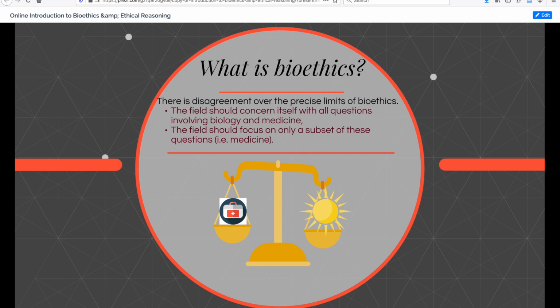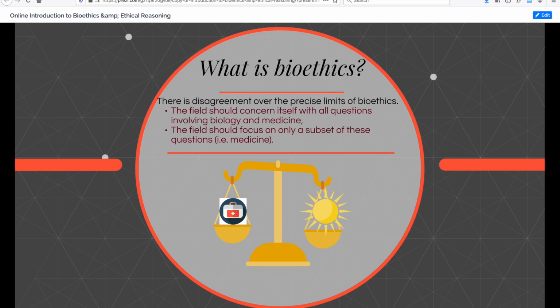So, we looked at the definition of bioethics, and we looked at some of the topics that fall under the category of bioethics. And it should be noted, however, as we move forward, that bioethics as a term and as a field is very much contested at this particular moment.